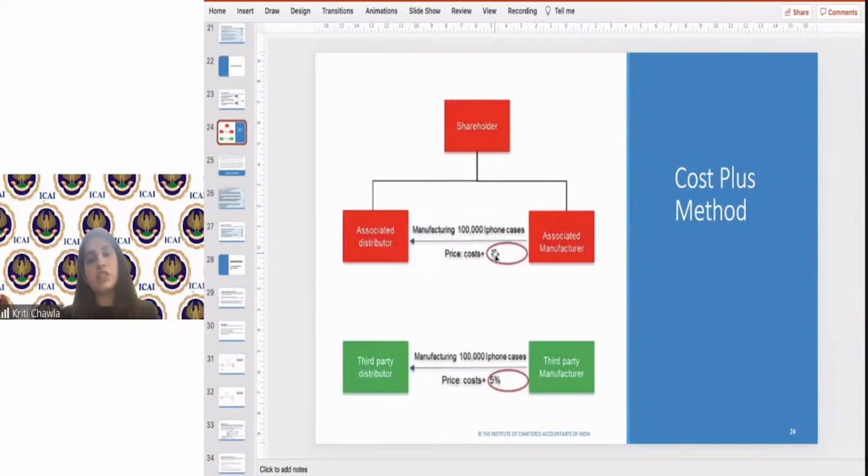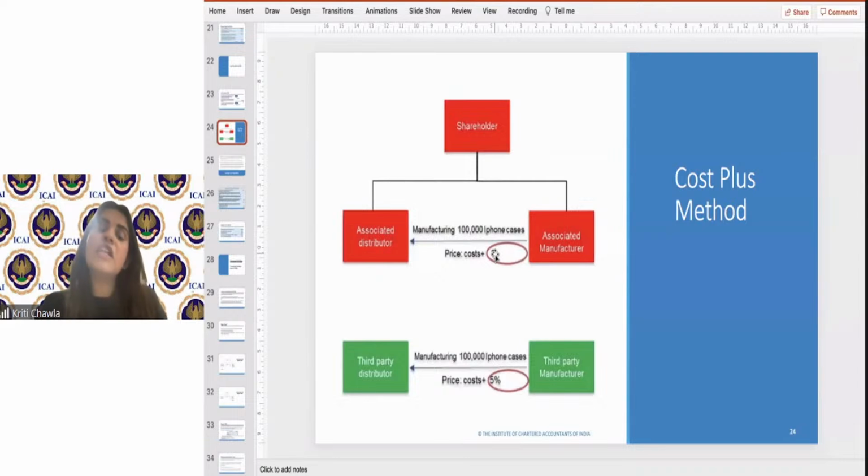But for this situation, it's a two-step process. One, we'll have to look at comparable companies in the industry. We call them comparables. The comparable companies are earning a margin of 5%, so we'll use that 5% as the ALP. But we'll also have to make sure that if adjustments are required, we make those adjustments as well.